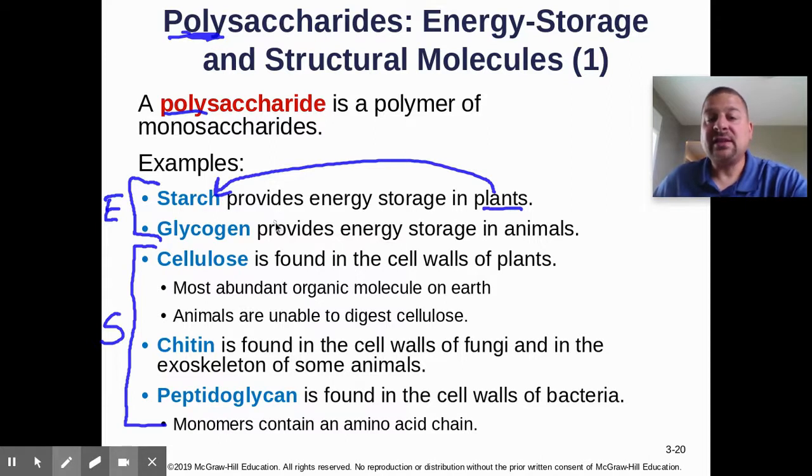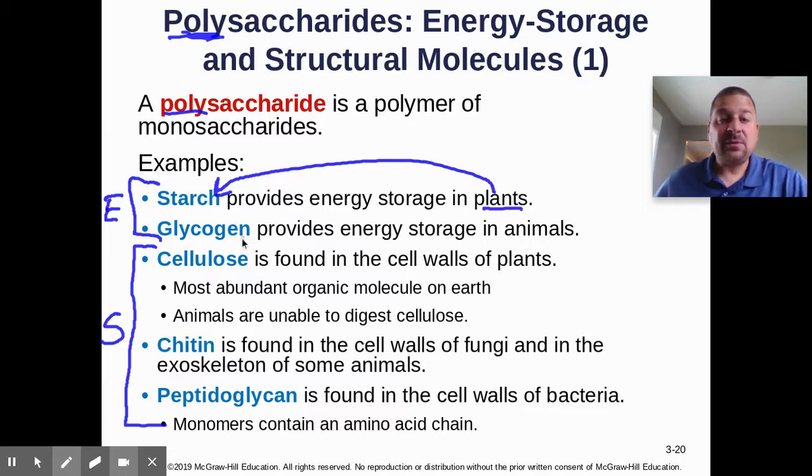So as the plant is producing glucose and fructose through photosynthesis, and actually G3Ps, which we'll talk about later this year in the photosynthesis chapter, they'll string them together and store them as starch. Those are in fruits and seeds and that kind of stuff, so that when that plant starts growing, it has nutrients, it has energy, I should say, for that little seedling to start growing.